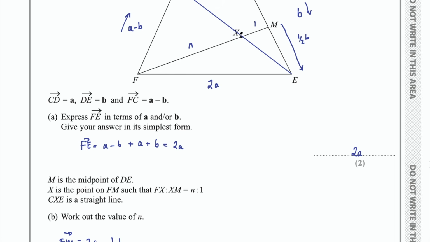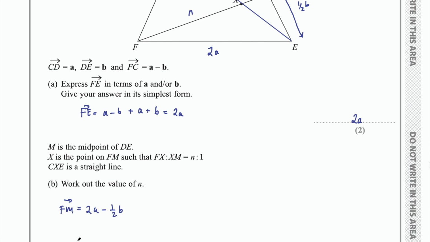So FX is, if we look at this line, the fraction of this line is actually n over the total length of the line. So the total length of the line is actually n plus 1. So FX, we can say, is n, the fraction of that line out of the total length, which is n plus 1, parts of FM.